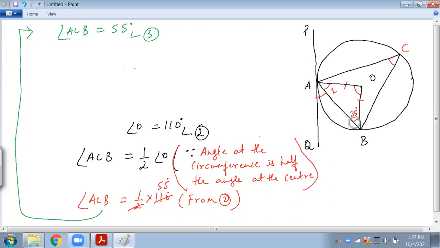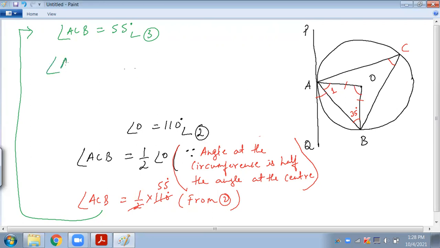The chord AB makes angle BAQ with the tangent in the minor segment, and the same chord subtends angle ACB at the circumference in the major segment. So these two are angles in the alternate segment, so they will be equal.